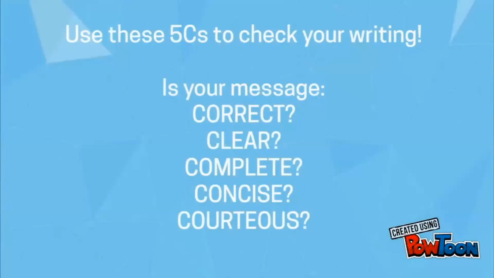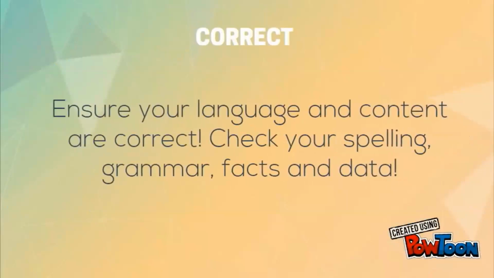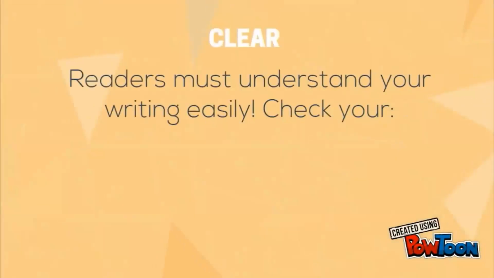Use these 5 C's to check your writing. Is your message correct, clear, complete, concise, courteous? Correct. Ensure your language and content are correct. Check your spelling, grammar, facts, and data. Clear. Readers must understand your writing easily.